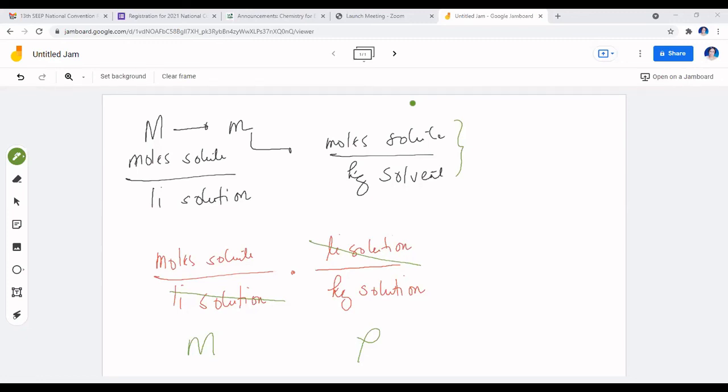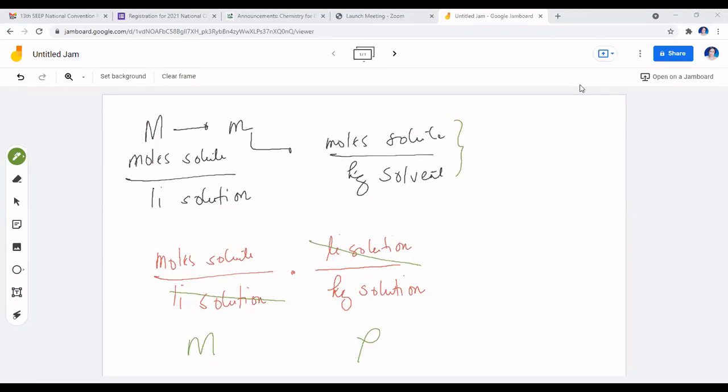So you have now your molarity and you have your density. I want the denominator to be kilogram solvent. I don't have any problem here. It's already mole solute. If my goal is mole solute per kilogram solvent, I need to multiply this or divide this with something.